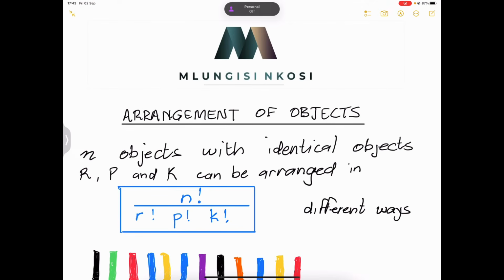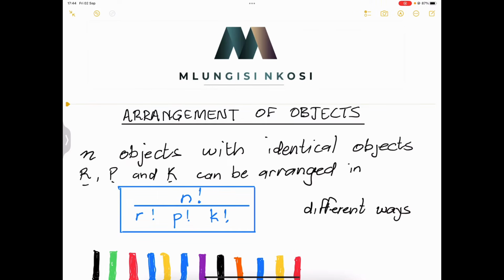All right, now let's consider a case where duplication is not allowed. We'll compare the two. Now we say arrangements of objects. If we've got n objects with identical objects r, p, and k, they can be arranged in n factorial, the total number, divided by the number of times that you've got repetition.